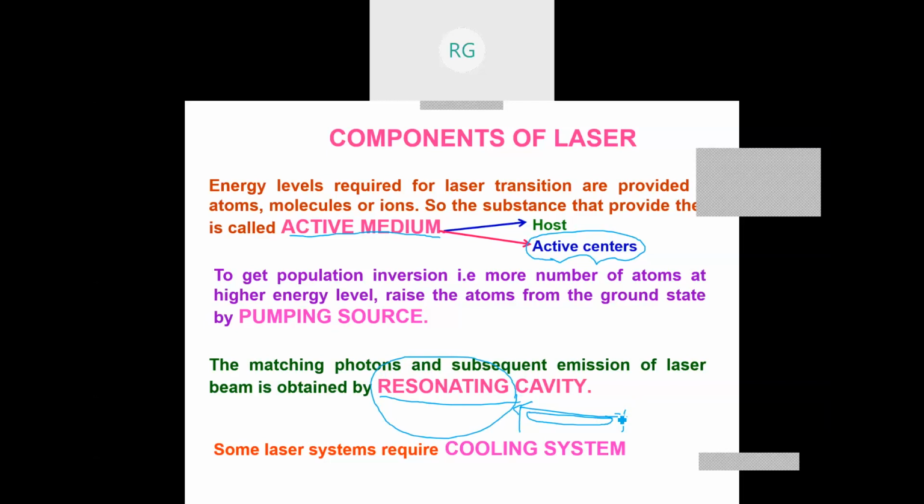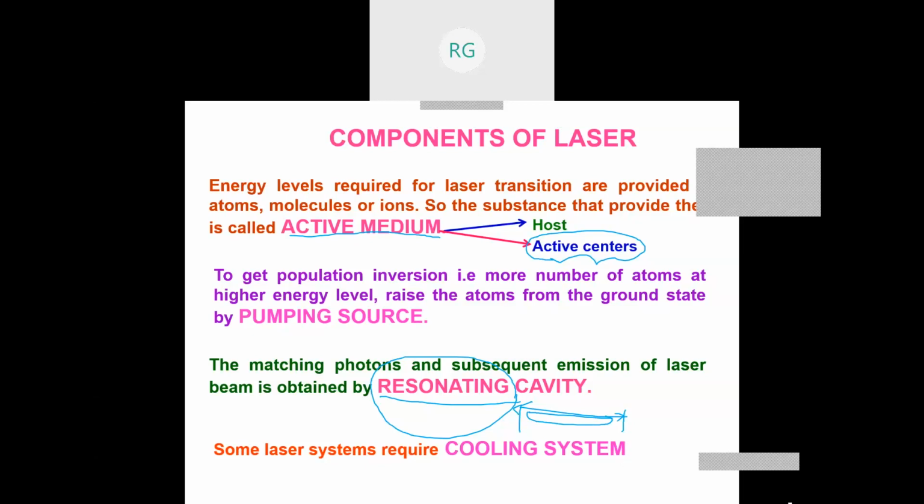And we have to cool that heat, otherwise the heat released will make the active medium get hot, and thereby the laser characteristics will be lost. Hence, we need a cooling system.